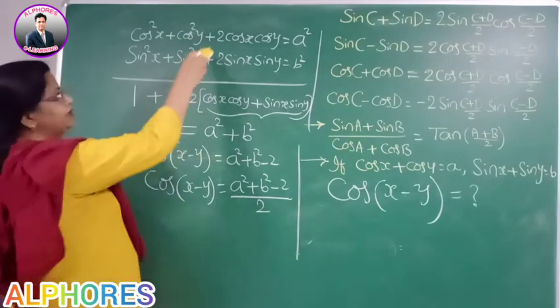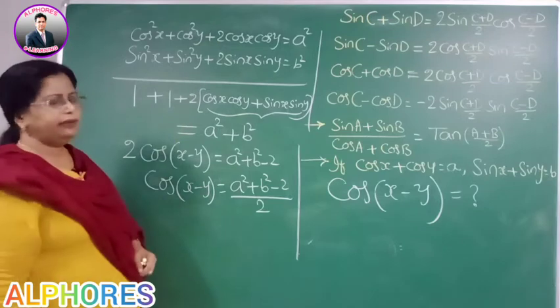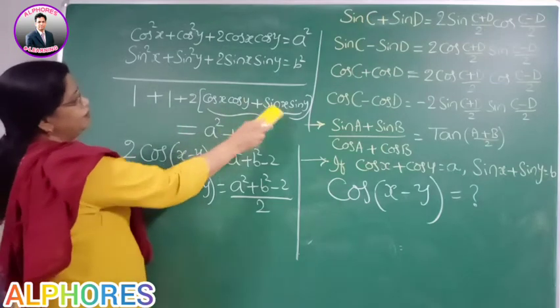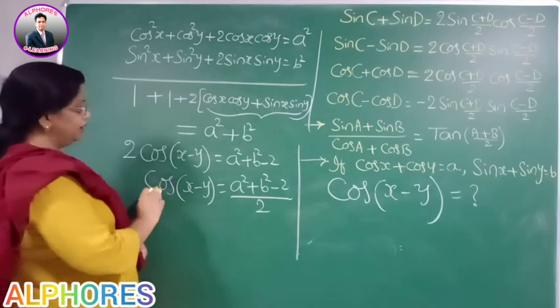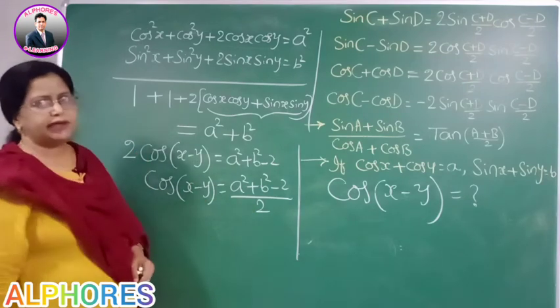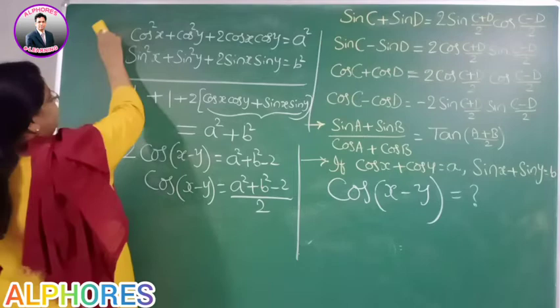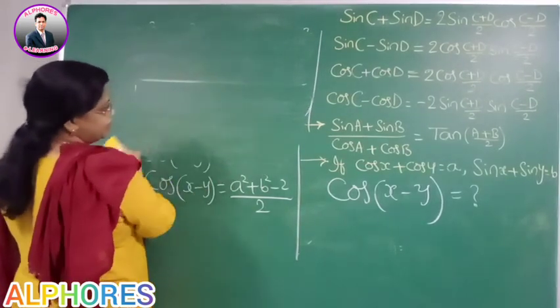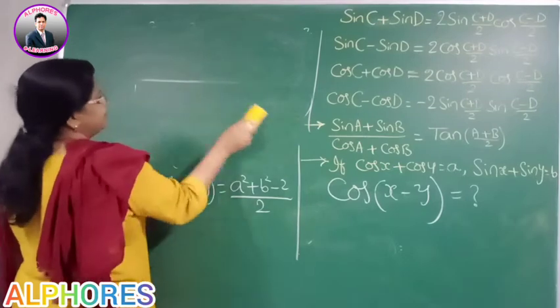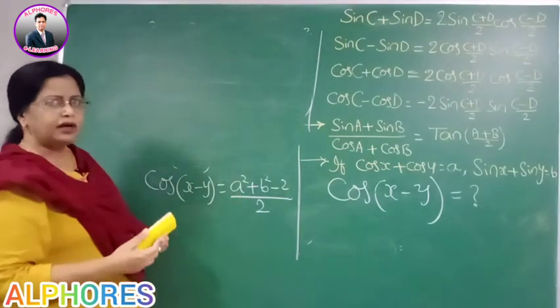Simply you have done squaring and adding, and after that you got the compound angle formula, that is cos of x minus y, and thereby you obtain this kind of value. Now if I require tan x minus y by 2 or sin x minus y by 2, etc., how to find?